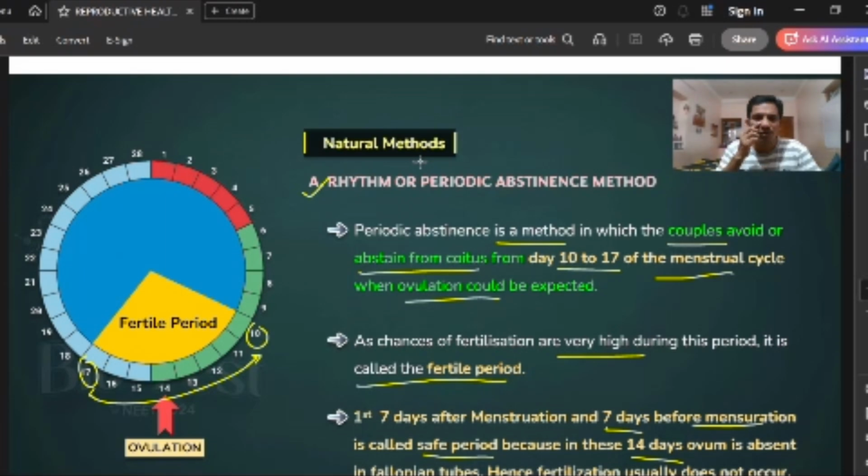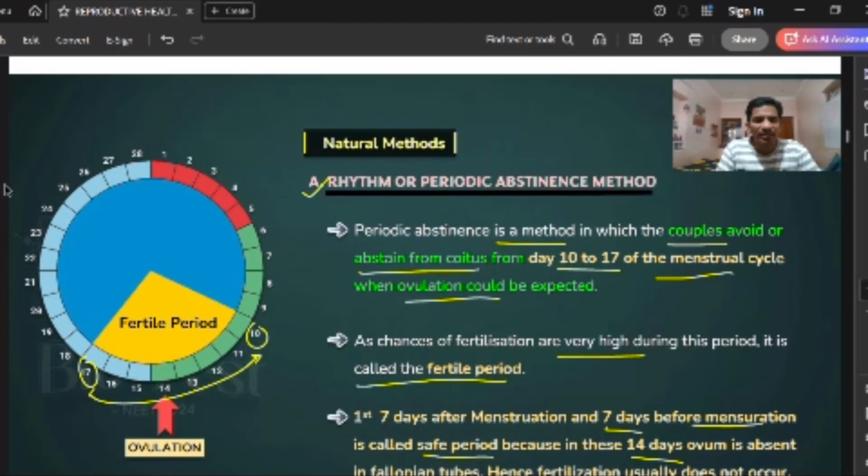The first method is the rhythm method, or the periodic abstinence method, also called the safe period. Got it? So how to remember this one?